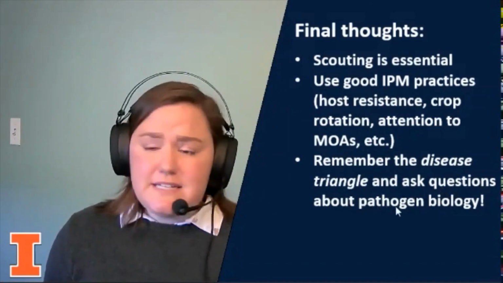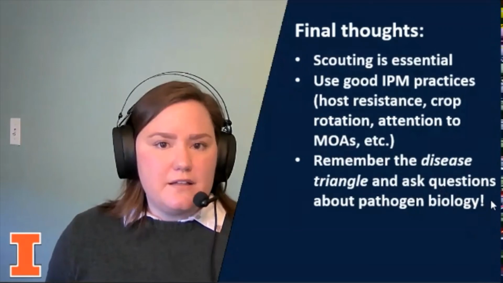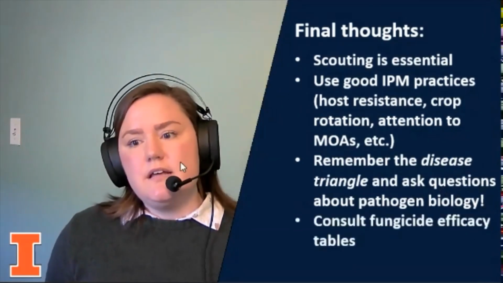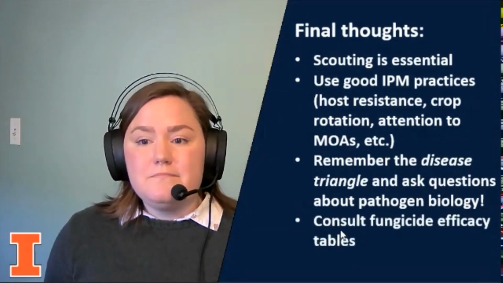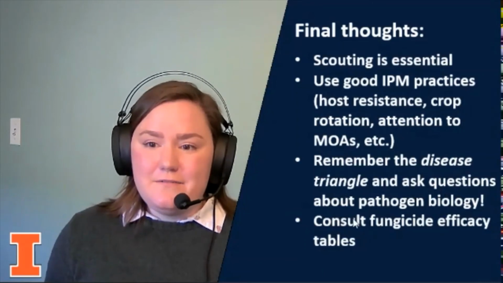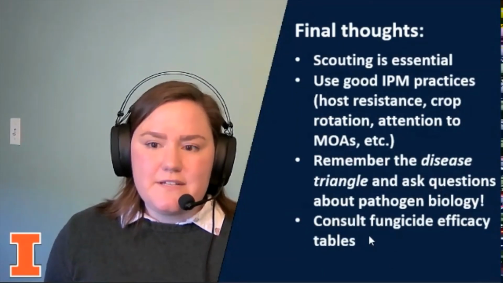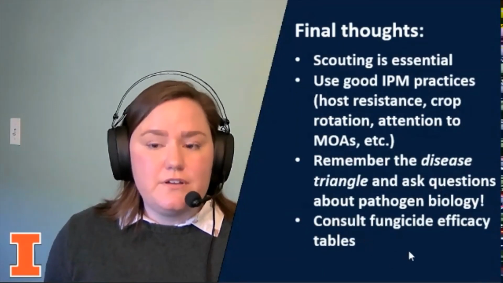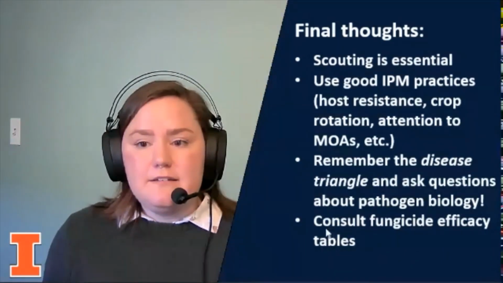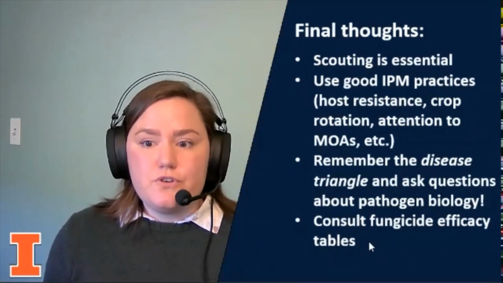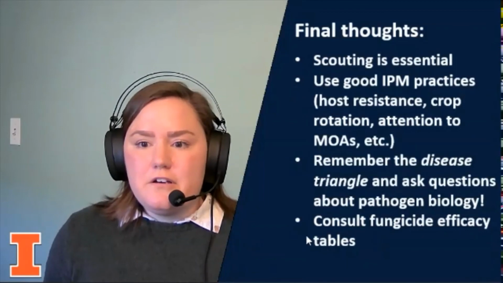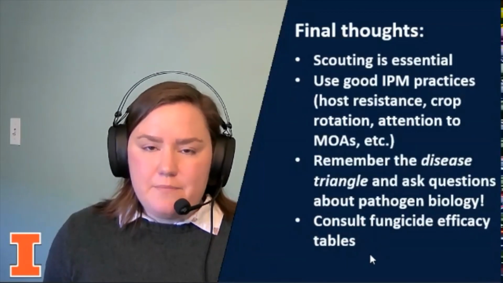And don't hesitate to ask questions about pathogen biology or disease cycles. And then obviously, make sure you're consulting those fungicide efficacy tables. There's a lot of really good information in there that can be really useful for making your fungicide application decisions. And that's it for me.